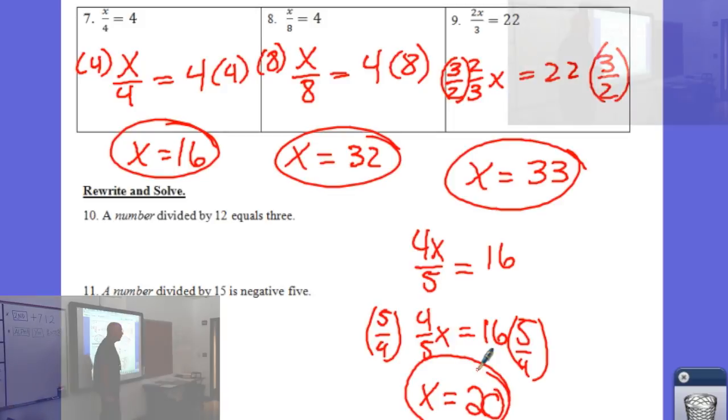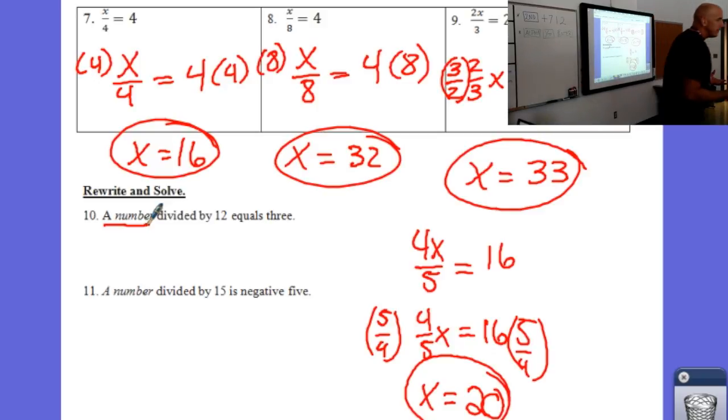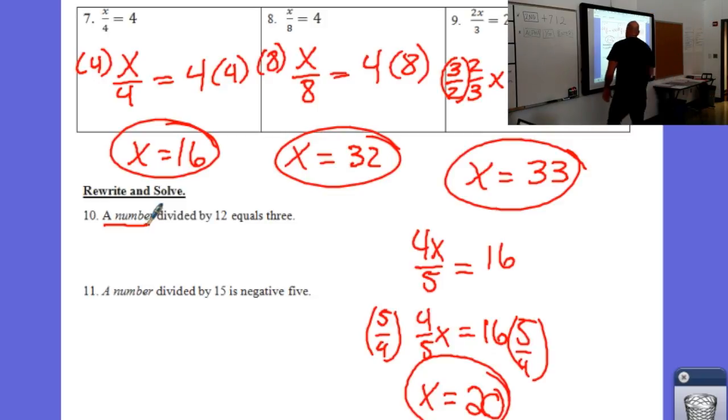All right, so you guys see how that works? So now we're going to rewrite and solve. We're going to do the word problem portion. So here is a number, which is what? X. Okay, but let's use a different one. Y. Or B. All right, good. B, now divided by. How do we write that? Fraction. Fraction part. Good job.